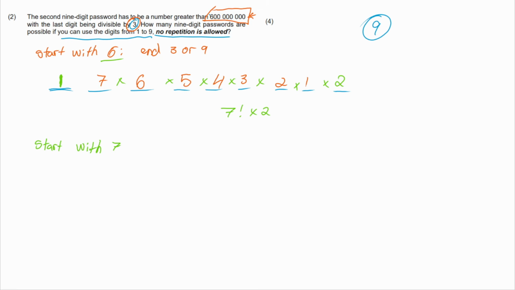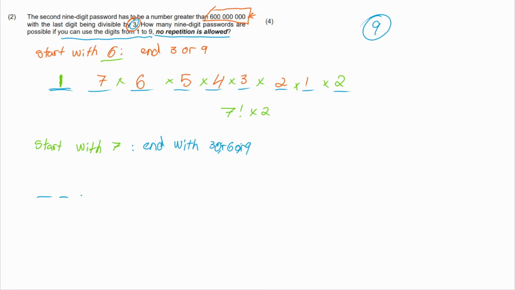If we start with 7, the code will definitely be greater than 600 million. So if we start with 7, that means we can end with a 3, 6, or 9.